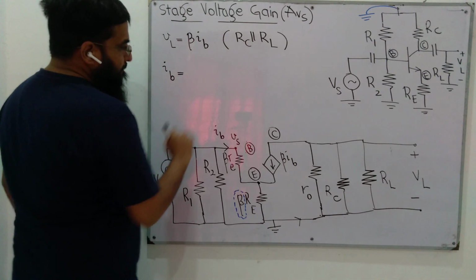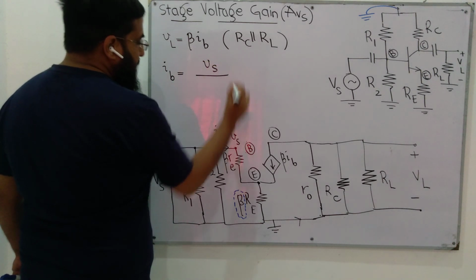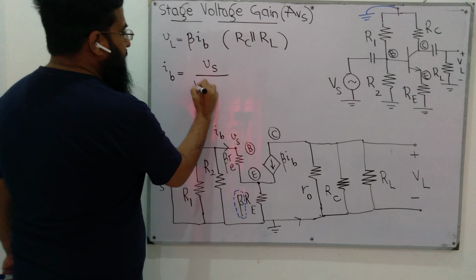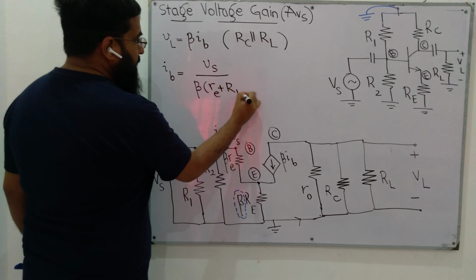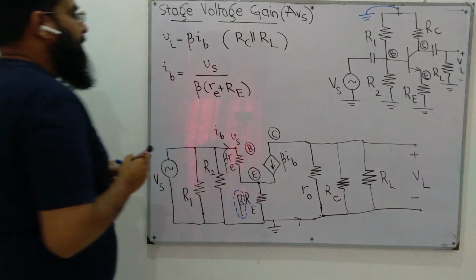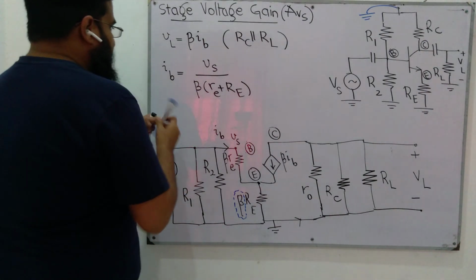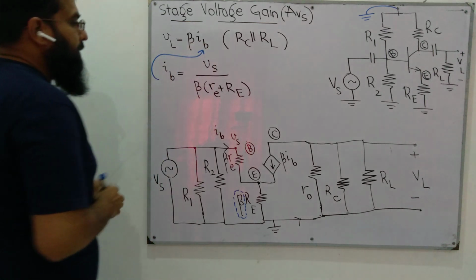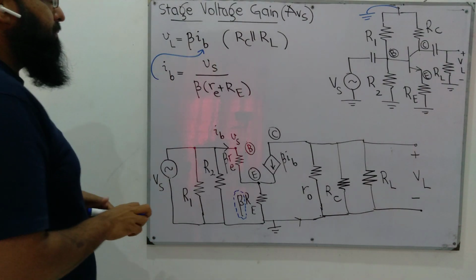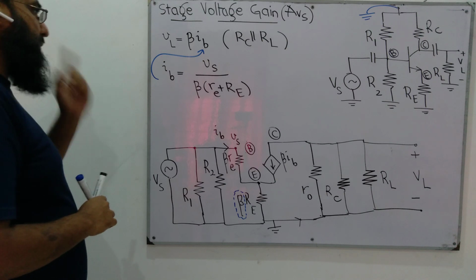IB is VS divided by the resistance of the path, beta re plus beta RE, that is, beta times small re plus capital RE. So if we put this value of IB here, we can straight away compute VL over VS.